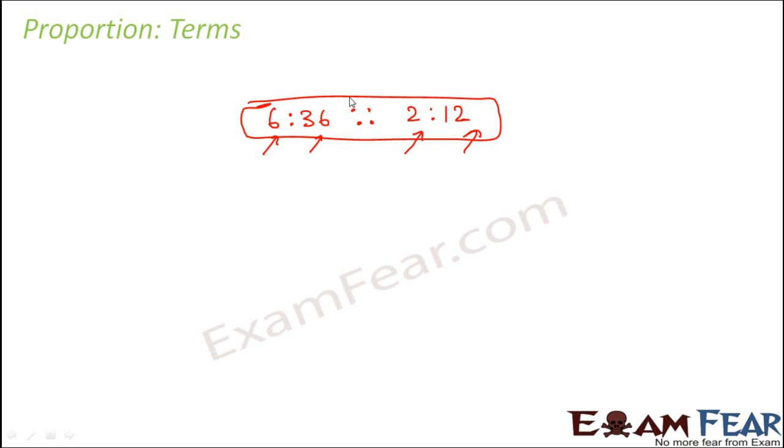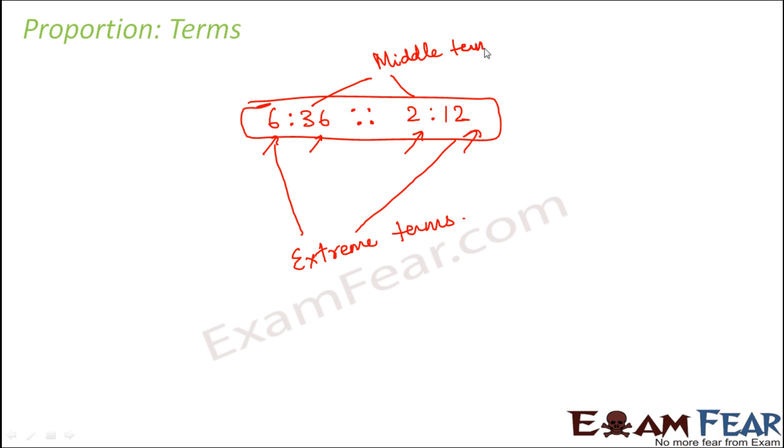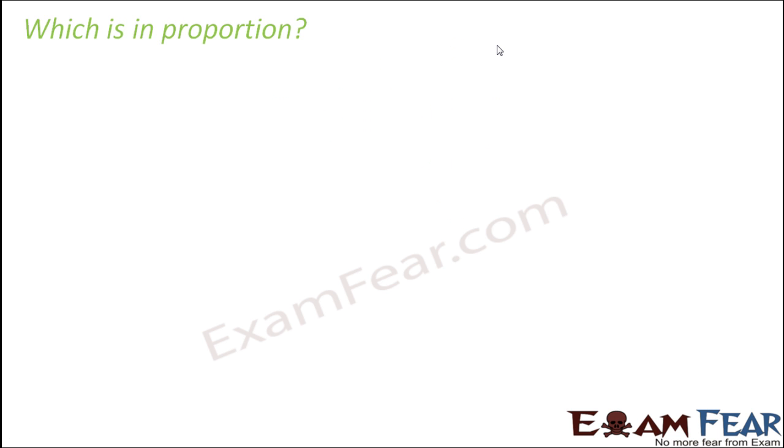So these numbers are called terms, and the two cornermost terms, that is 6 and 12 in this case, are called extreme terms. Whereas the two middlemost terms, that is the second term and the third term, are called middle terms. So these are certain terminologies related to proportion.